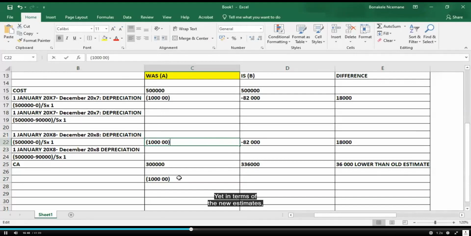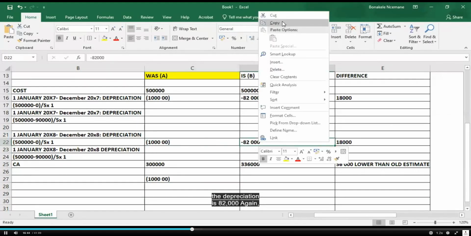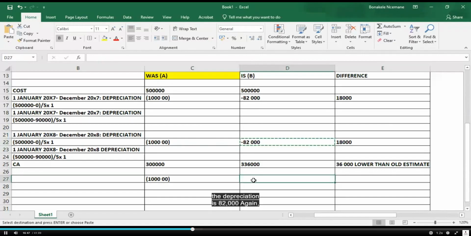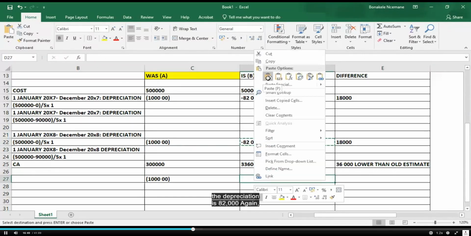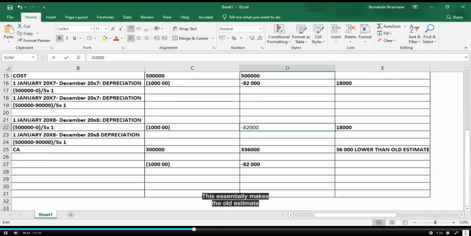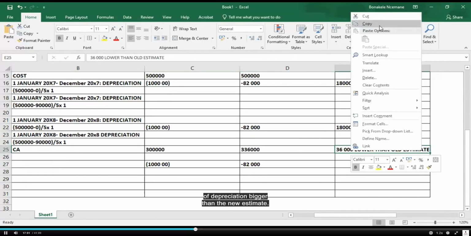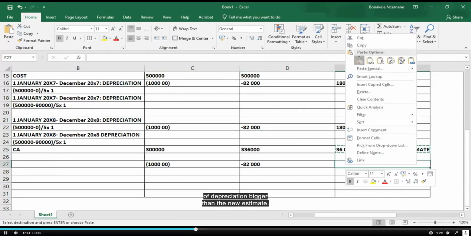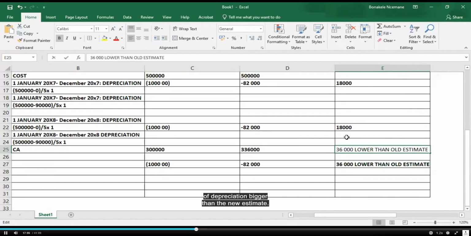Yet in terms of the new estimates, the depreciation is 82,000. And again, this essentially makes the old estimate of depreciation much bigger than the new estimate. So the new estimate is lower again by 18,000 in the current year.